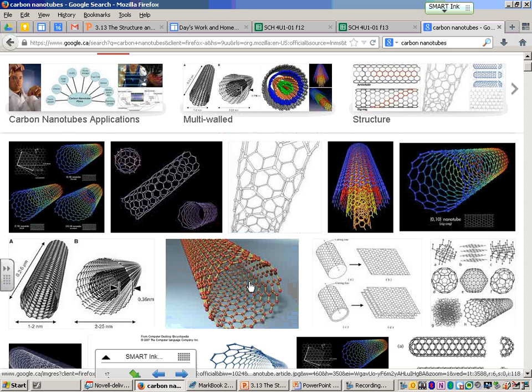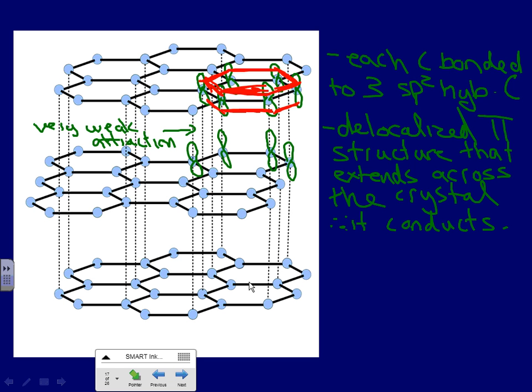Now, these are actual structures. In the last, I would say, 7 or 8 years, chemists have been able to take graphite and carefully remove one layer of the graphite, all right? So you take that stuff and you take one layer off.